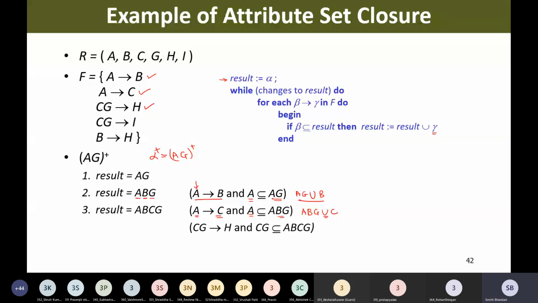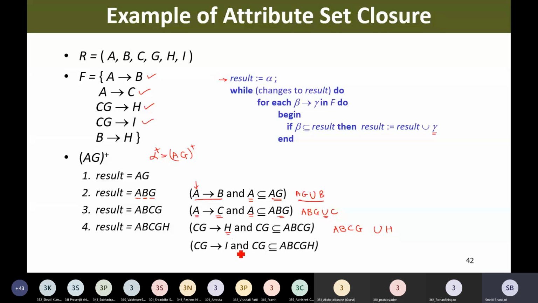Let us pick now the next functional dependency, CG to H. Once again we follow the same procedure. Is CG a subset of ABCG, that is the earlier result? Yes. So the old result ABCG union the right hand side of the functional dependency, that is H. The new result would be ABCGH.